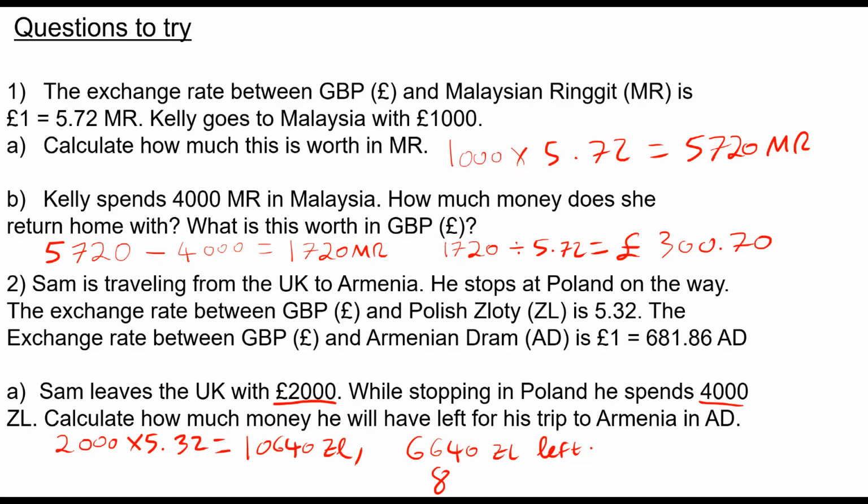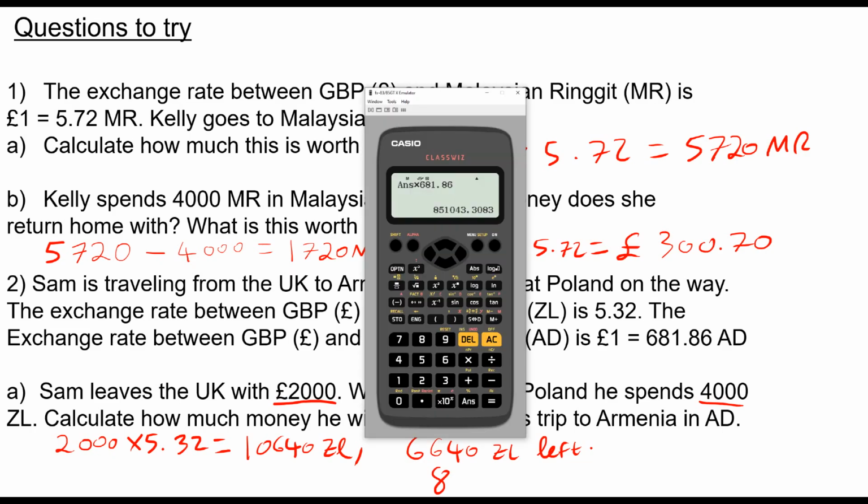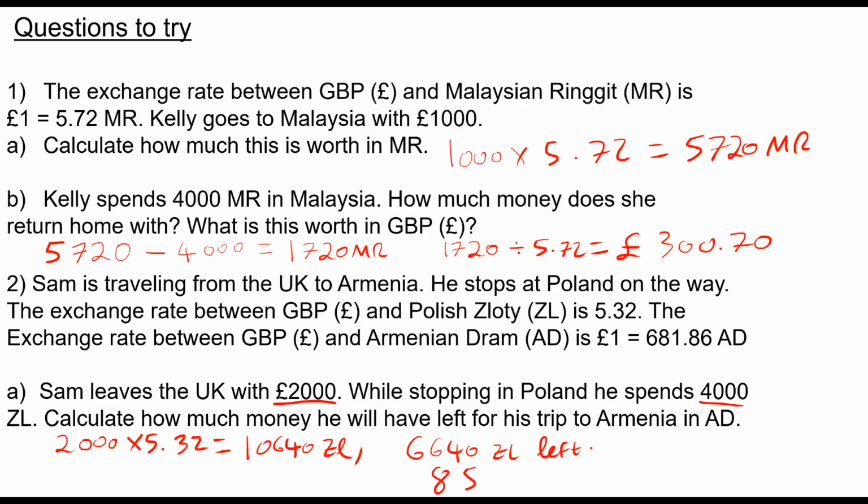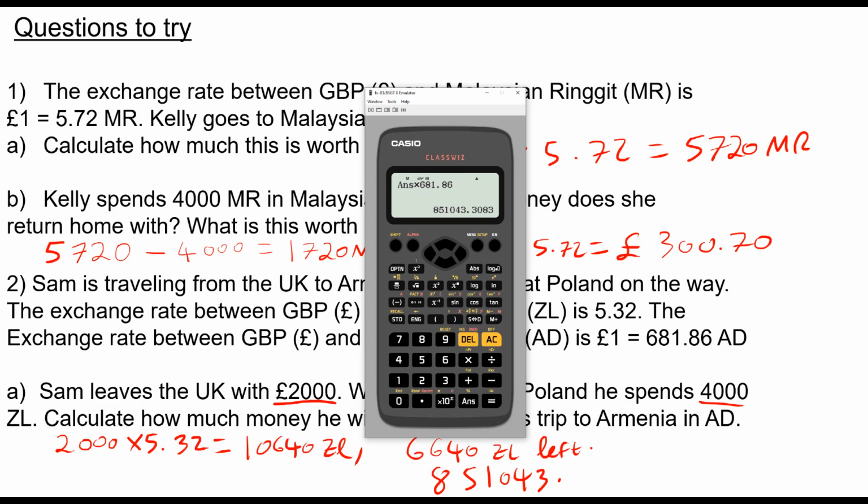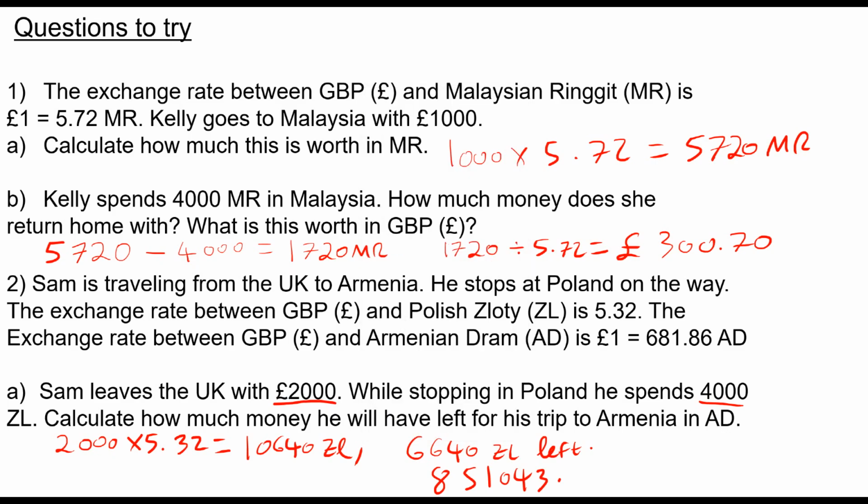Let me write that again: 851,043.31 Armenian dram.